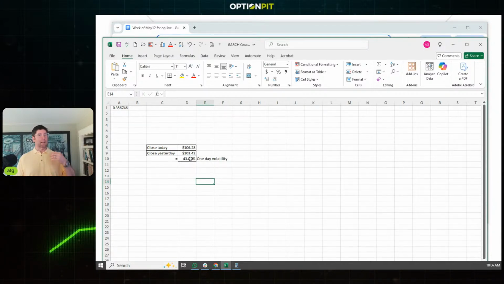So basically, a 1% per day move is going to be, take a look. If the stock was yesterday $100 and today it is 101, a one-day move is roughly 16 volatility.